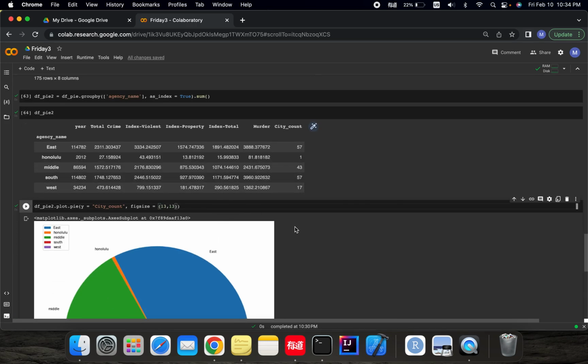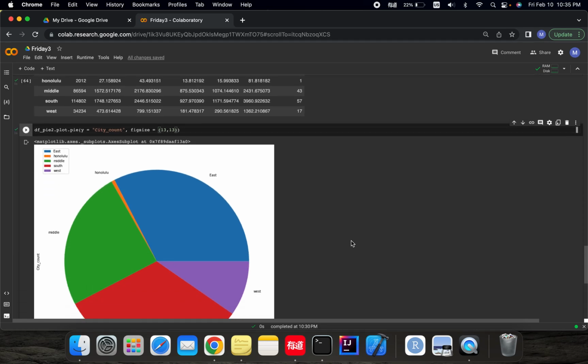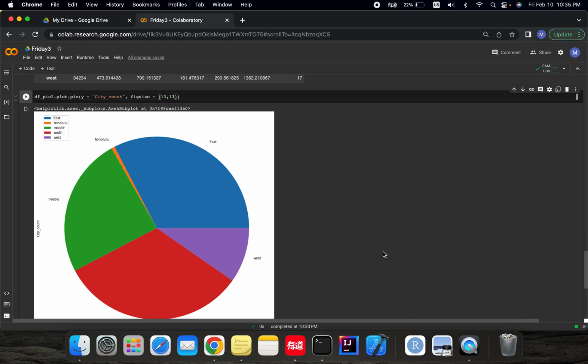So yeah, in all of these, the east and the south cities have definitely more crime records than west and the middle cities. You can see from the pie chart, and yeah, it's very obvious.